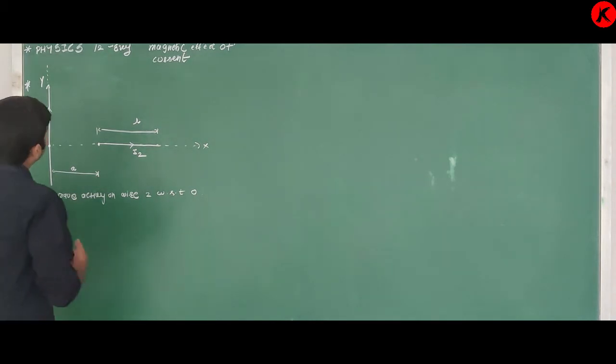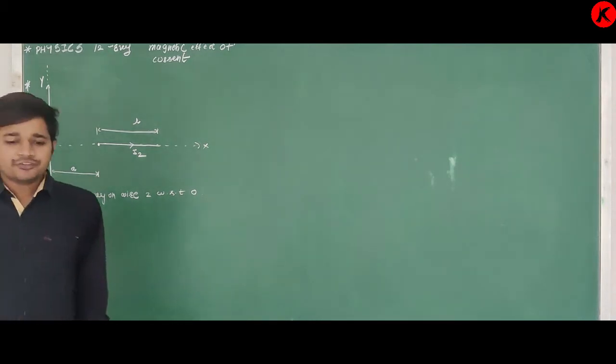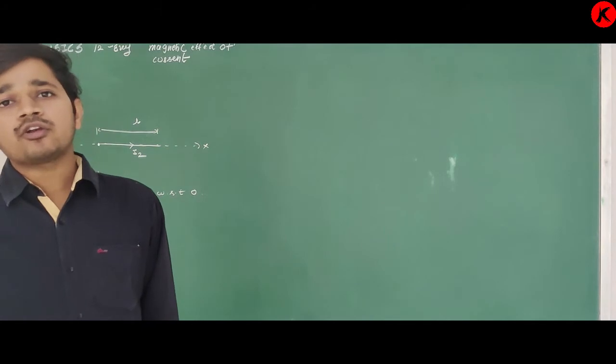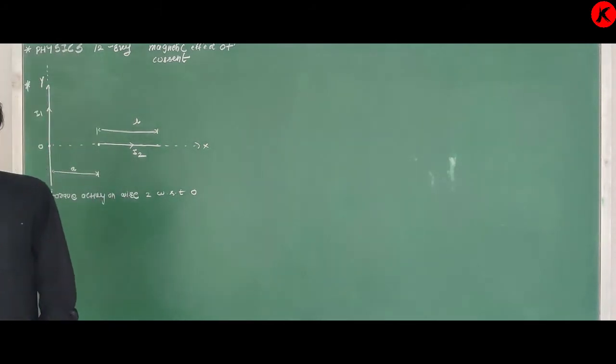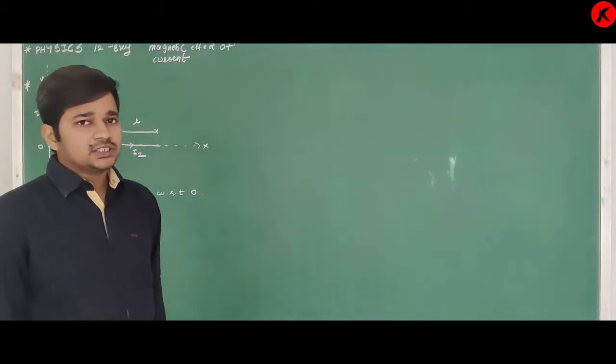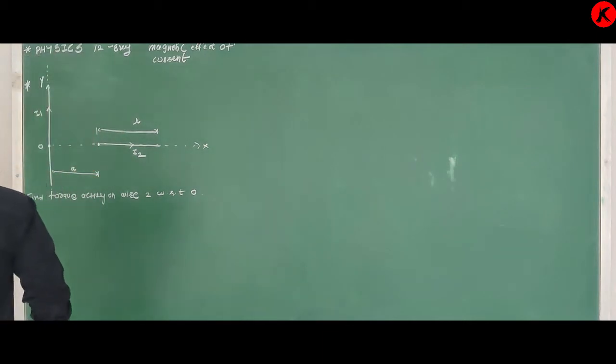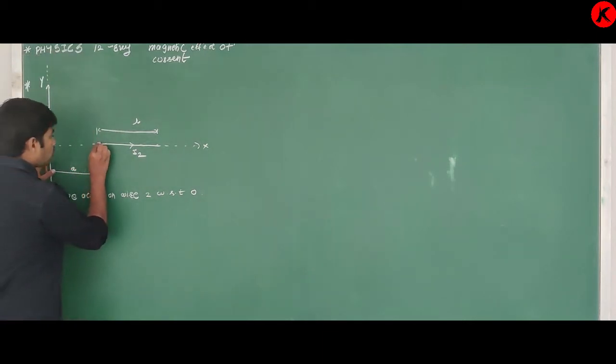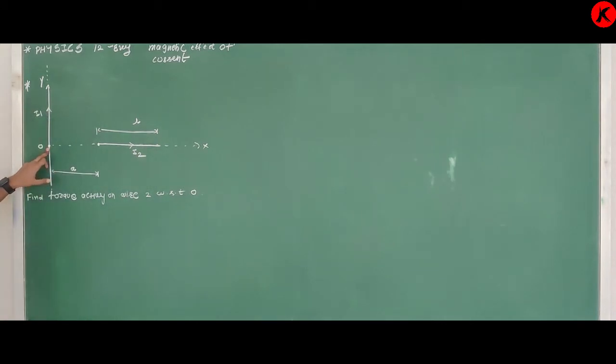Now, what is the equation of torque? Torque is equal to R cross F, where R is the position vector and F is the force. As we have to find torque for this wire with respect to O, what is the position vector?